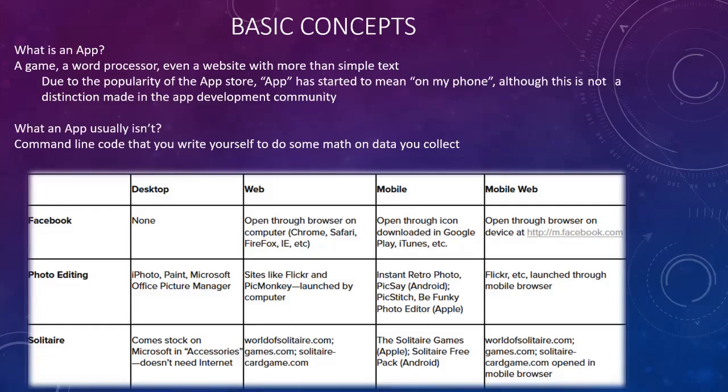But this is a distinction that doesn't exist within the developer community in general. So if you're looking for someone to program something for you, you really can't just say app. You need to be a little bit more specific because different types of apps require different expertise, different programming languages, different software.